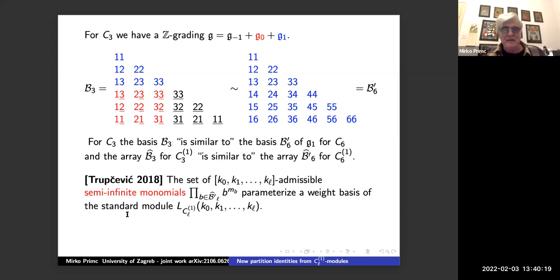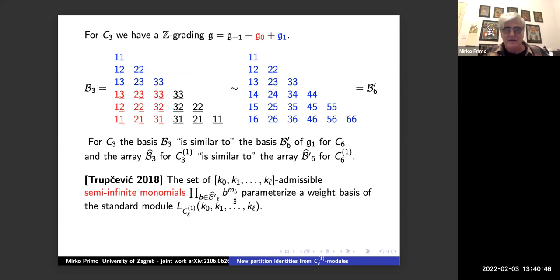So what it means is that we take our array B hat, and then at any point we make it infinite on one side, where we fill with infinite imaginary frequencies. And on the other side, we look at the polynomial.